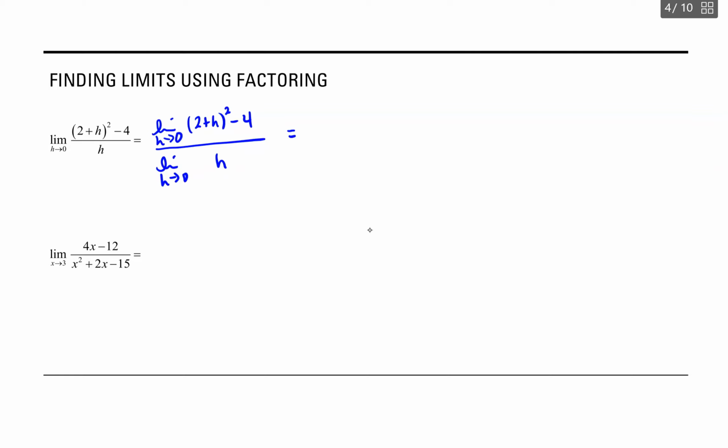Taking the limit in our numerator, 2 plus h will approach 2 plus 0, squared, minus 4. And in my denominator, the function h also approaches 0. So in my numerator, I end up with 0 over 0.